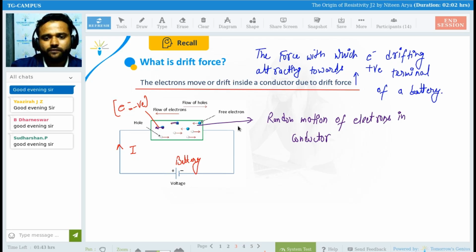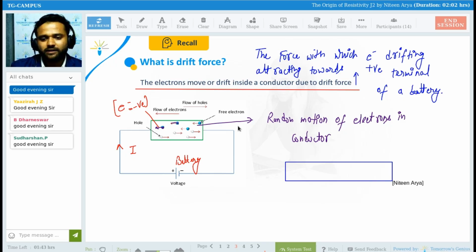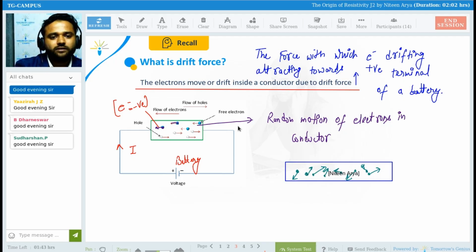Random motion of electrons: if I draw, suppose this is your conductor. In this particular conductor, the electron is randomly moving in any particular direction. This is known as the random motion of electrons, in the absence of any particular battery or cell.